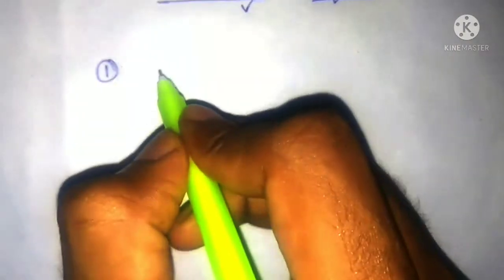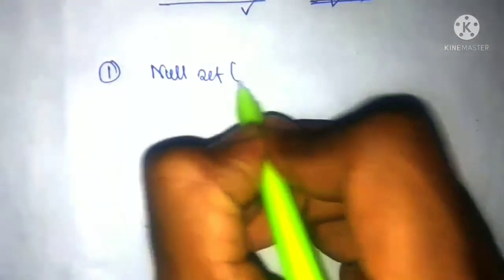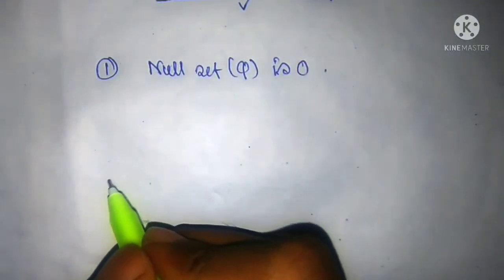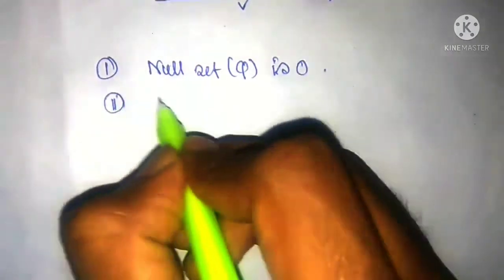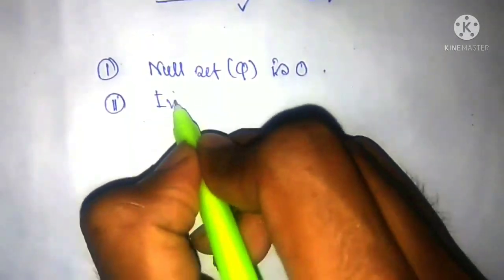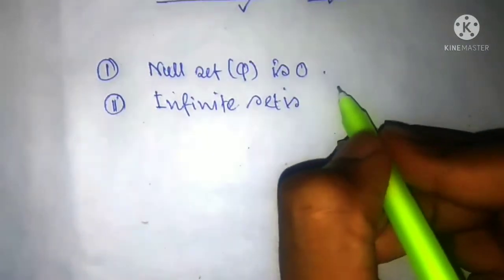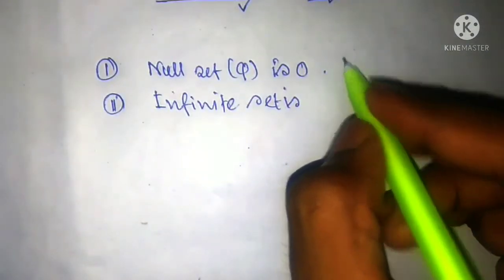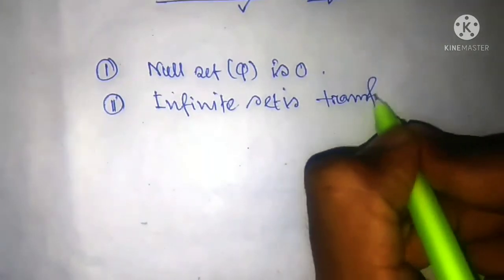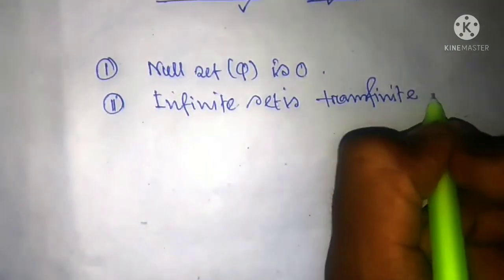Some important things are said. One, the cardinal number assigned to the null set phi is 0, and the cardinal number assigned to an infinite set is a transfinite cardinal number.